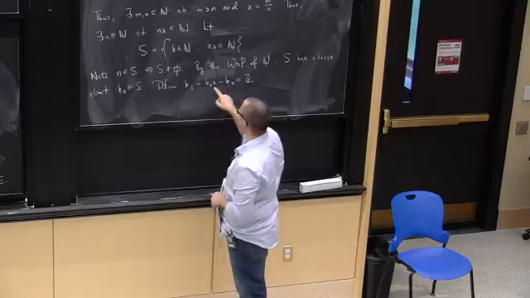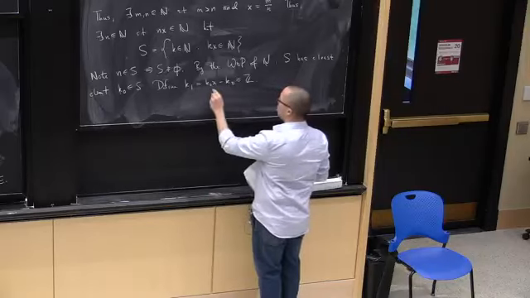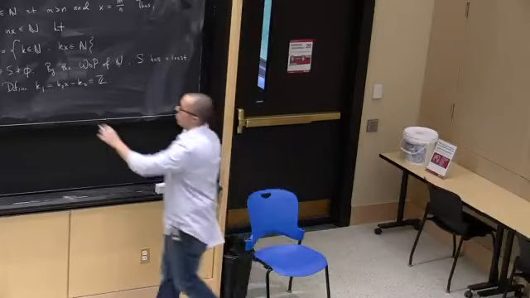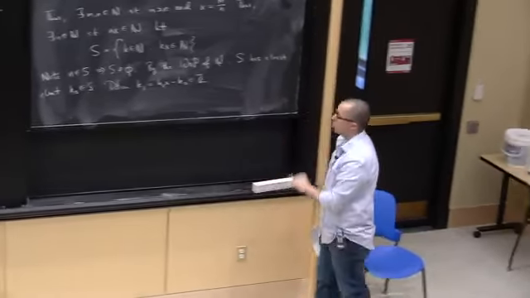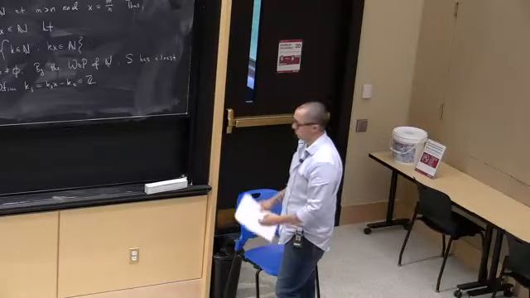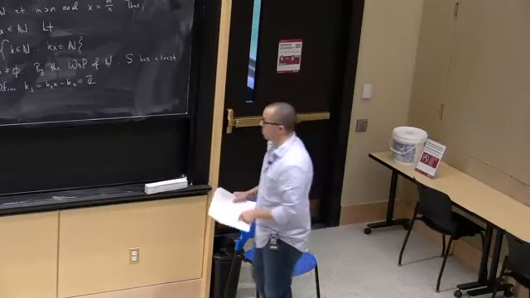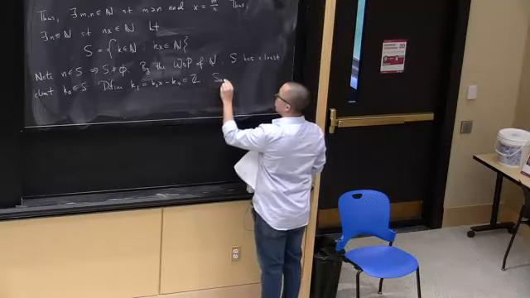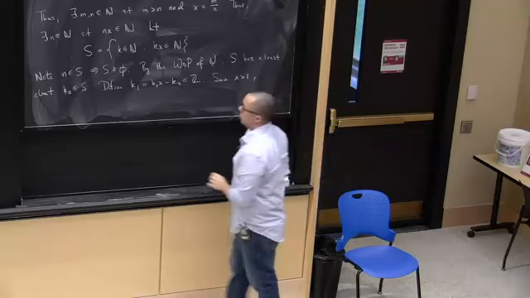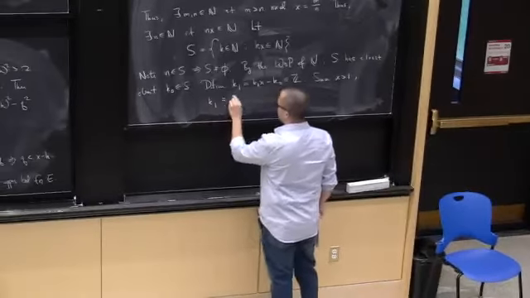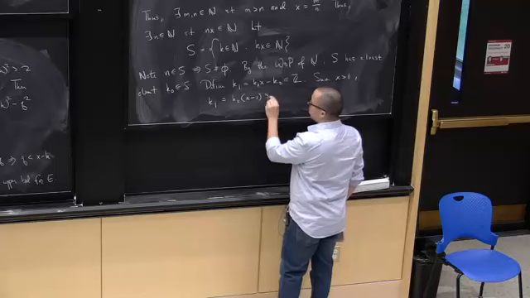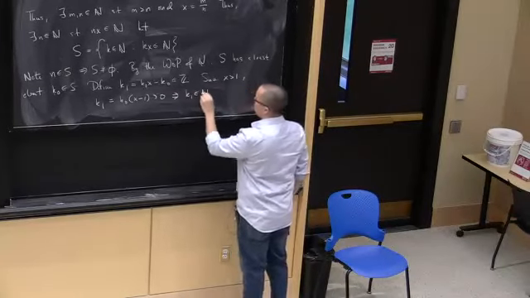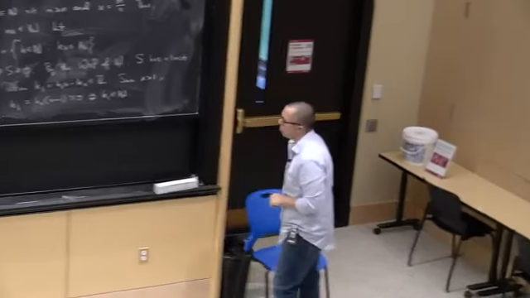K0 is a natural number, so the difference of two integers is, again, an integer. But in fact, it's a natural number.